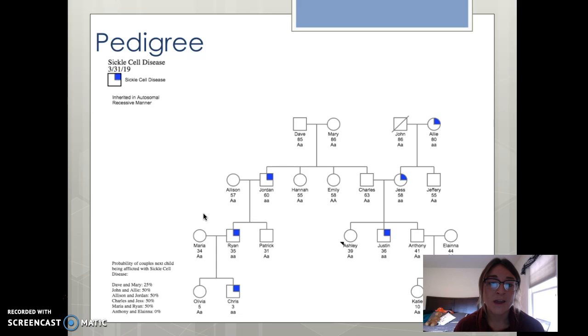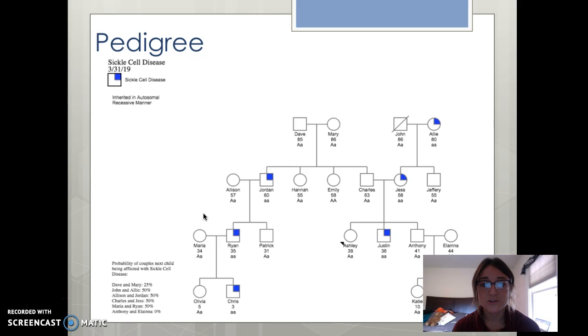We can also go through the pedigree and look at the different alleles for each individual and see that those who have a big A and a little a are going to be those that carry the gene for sickle cell disease but don't show any signs or symptoms.